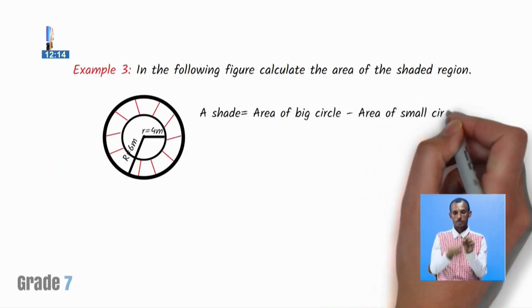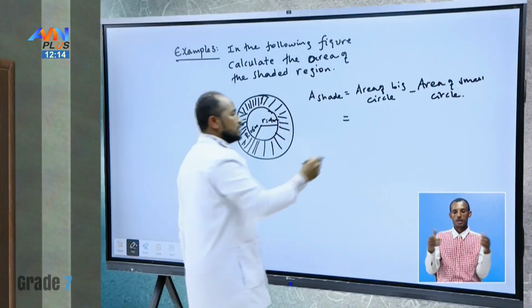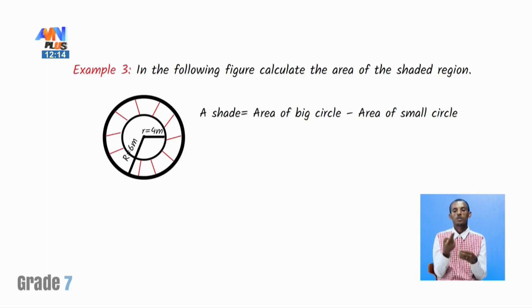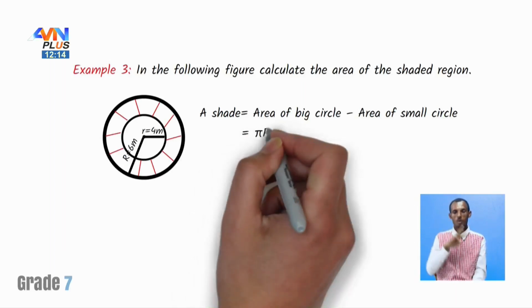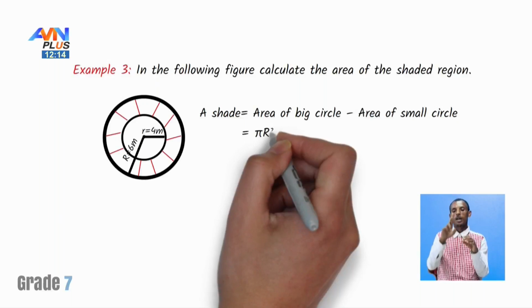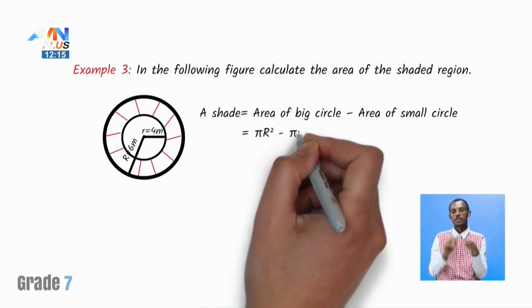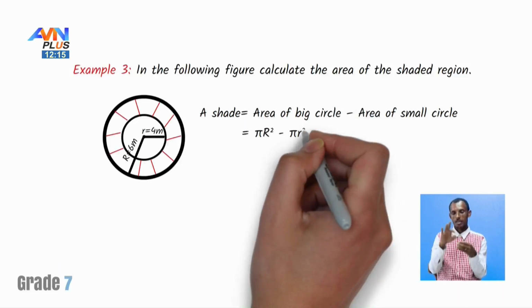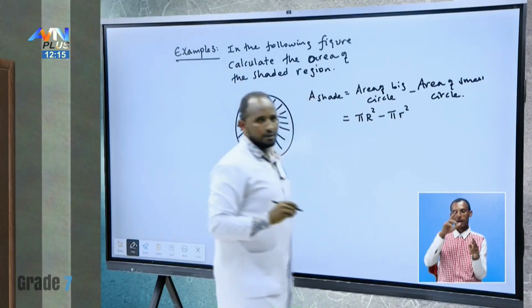So this will be equal to the area of the big circle. We can use this equation, pi times radius squared. We use a capital letter R for the radius of the big circle, pi R squared, minus the area of the small circle. We use a small letter r here, so the area of the small circle is pi r squared.